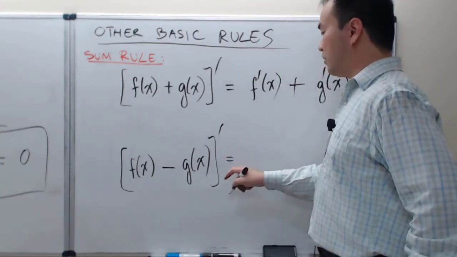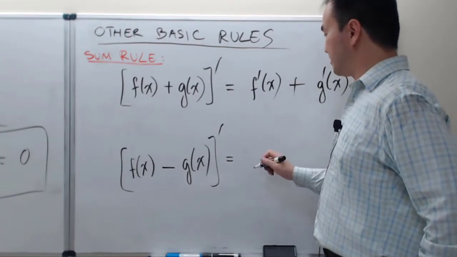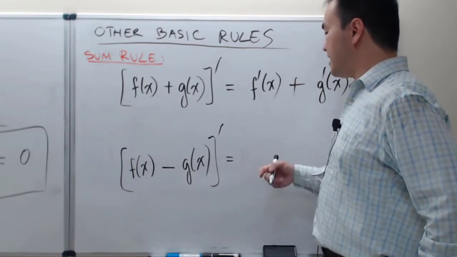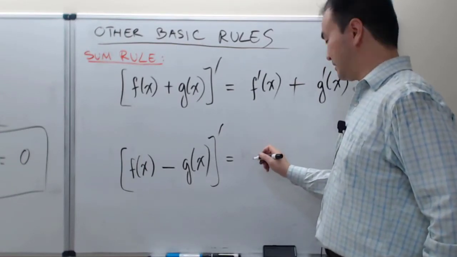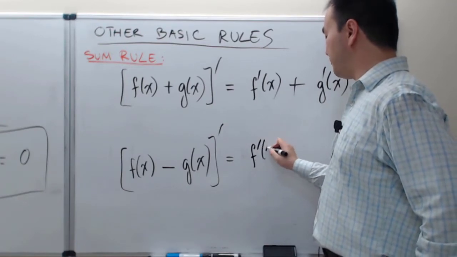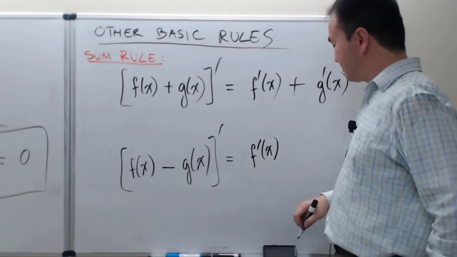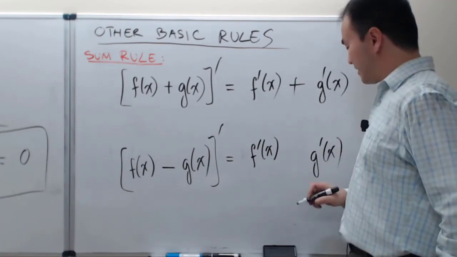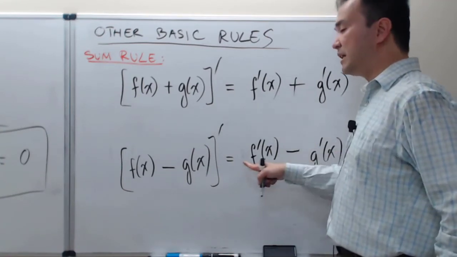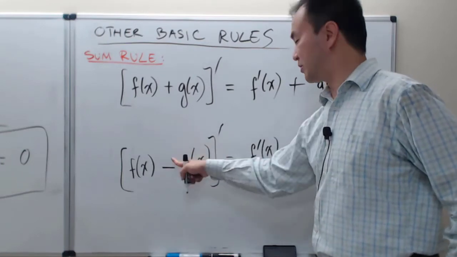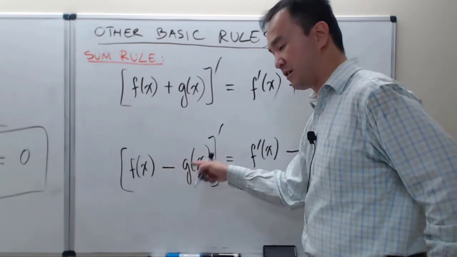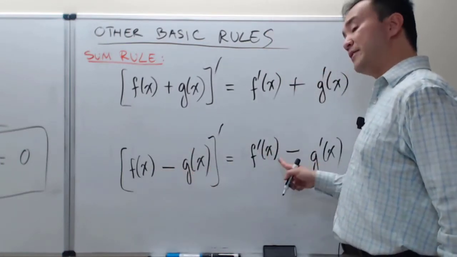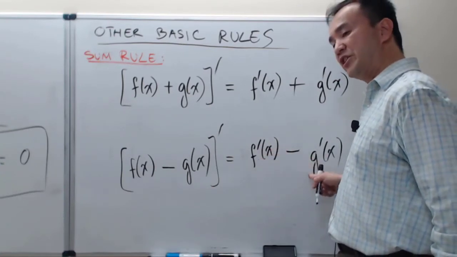And so the rule I'm about to introduce here guarantees that you can simply find the separate derivative for f and also the separate derivative for g and subtract the two in the order how they started out. So in the beginning it was f minus g. So here when you take the two derivatives, it's also f prime minus g prime.